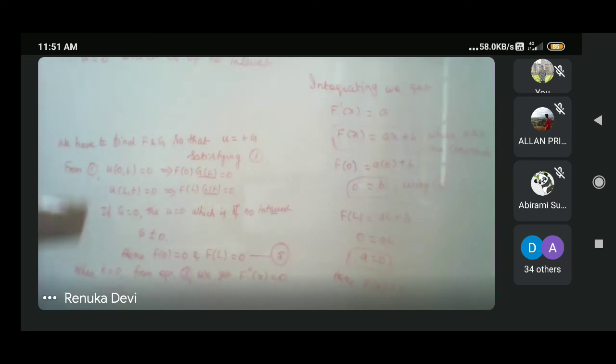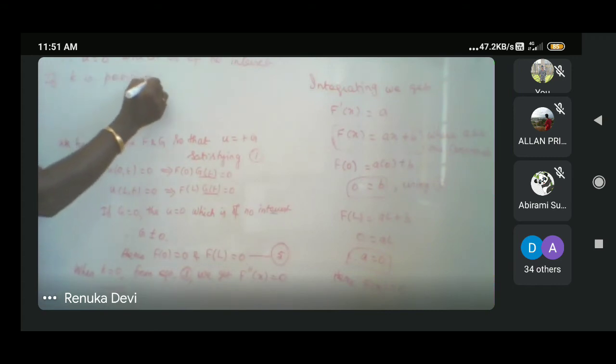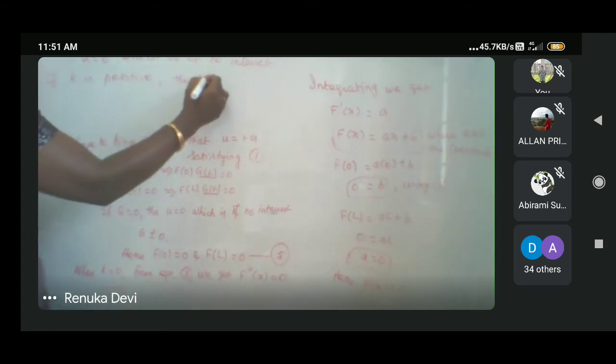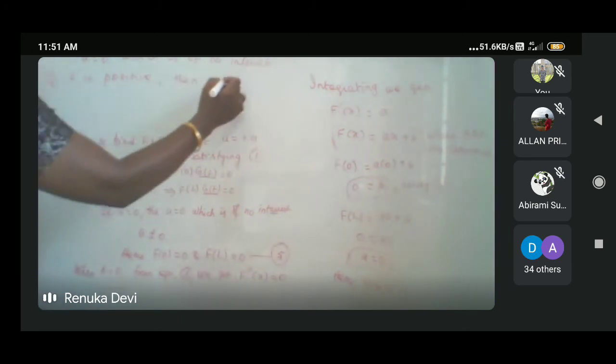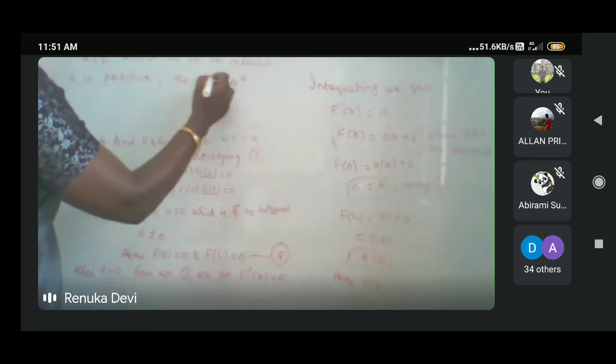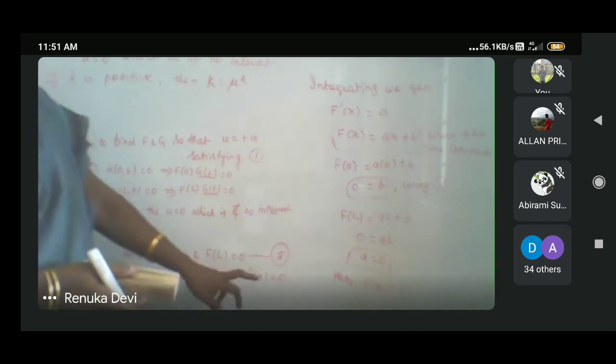Therefore, if k is positive, I take k as mu squared. The book denotes it mu, or you can take l squared, m squared, and n squared also. So this is equation 3, isn't it? f double dash.